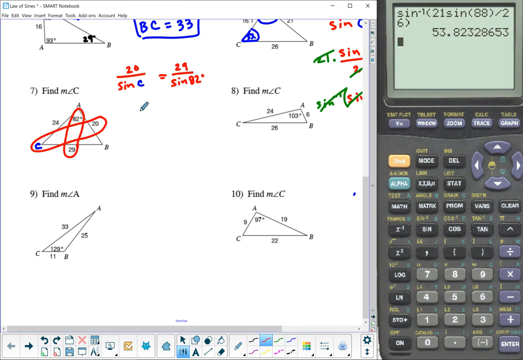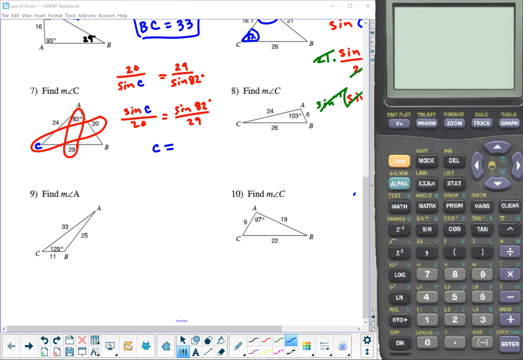Okay, I'm going to go ahead and flip both of those. So this will be sine C over 20 equals sine 82 degrees over 29. All right, so kind of working your magic. I mean, you can pause now if you don't want to get it ruined, but I will end up with C equals, all right, so multiply both sides by 20 and the inverse sine both sides.